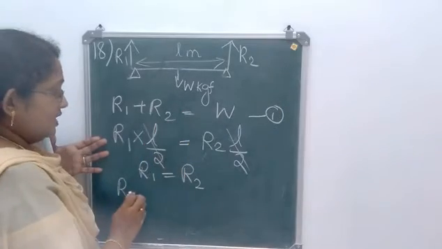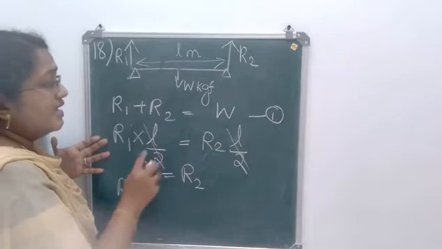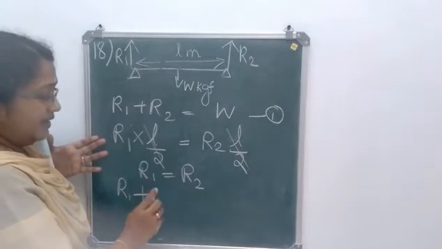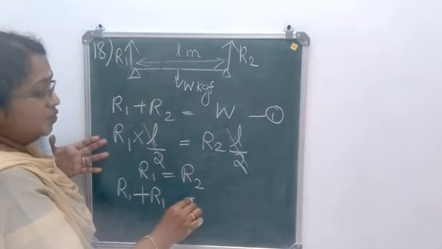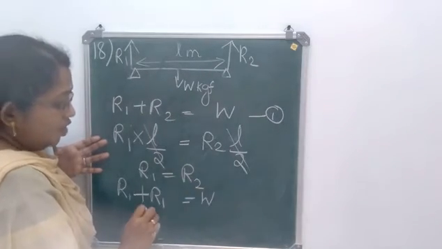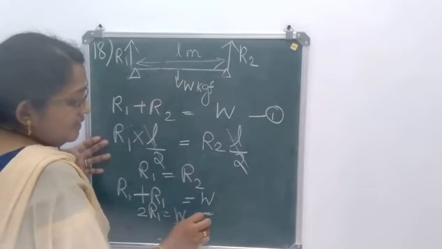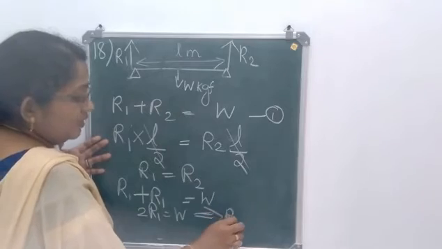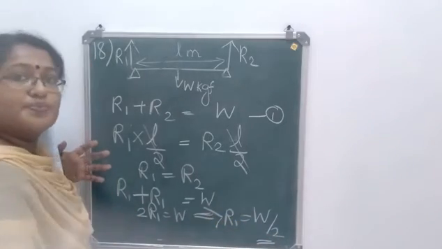R1 plus R2 is equal to W. Instead of R2, I can write R1. Why? Because R1 is equal to R2. So R1 plus R1 is equal to W, or 2R1 is equal to W. This implies R1 is equal to W by 2.